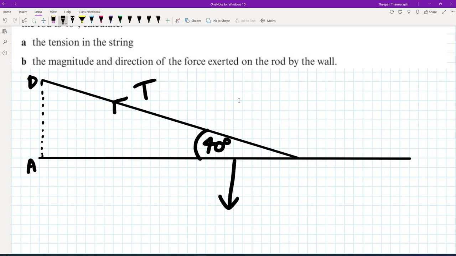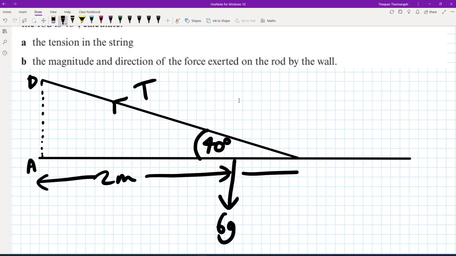We're going to call that 6g, and we have 2 meters from here to here, so we're going to call this 1 meter and 1 meter respectively. Note the diagram is not drawn to scale, but just for demonstration purposes.